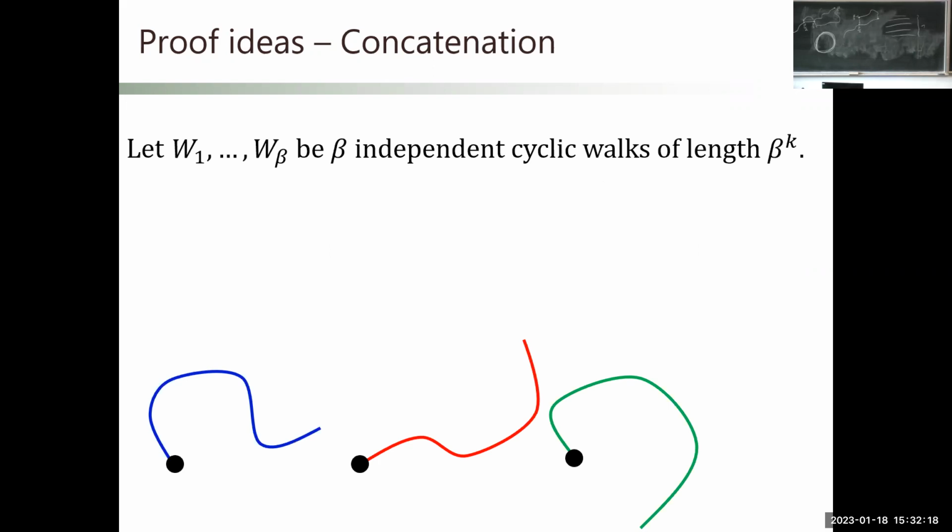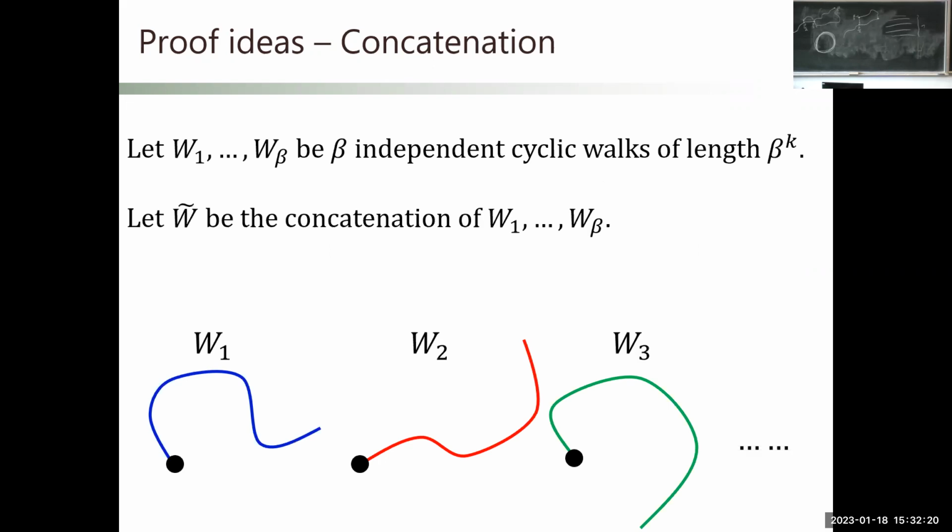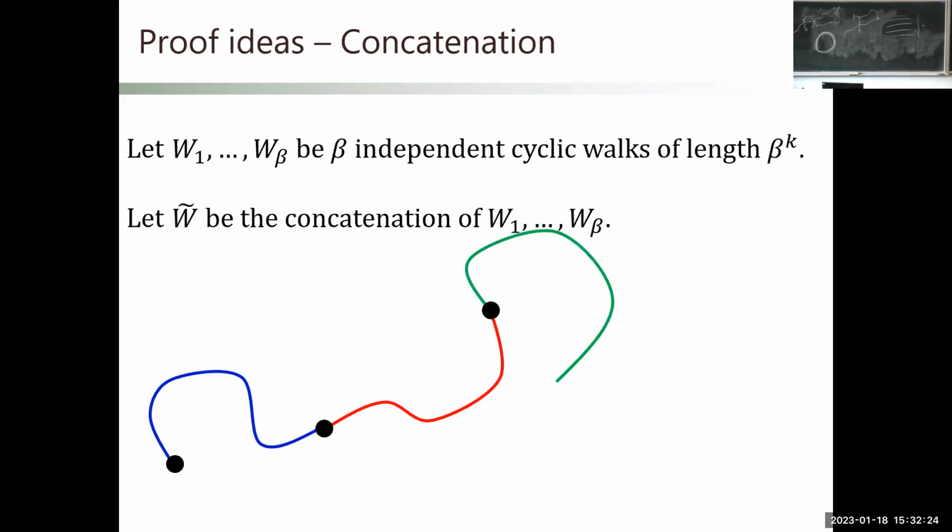And then you just put them one on top of the other. And this will be the concatenation of these walks. W1 up to W beta are the independent cyclic walks of length beta to the k. You concatenate them, and you get a certain walk of length beta to the k plus 1, right?